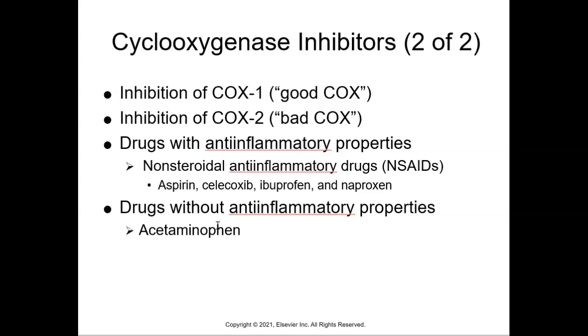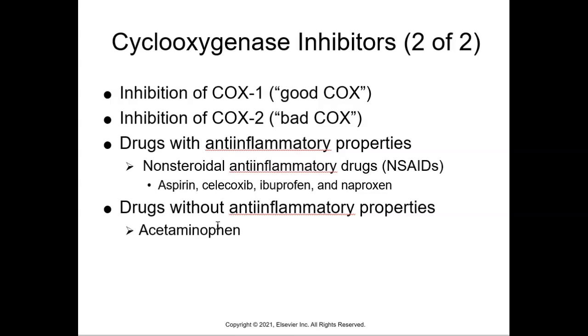But the other NSAIDs, such as ibuprofen or like Aleve, naproxen sodium, those ones don't have that beneficial part for the cardiovascular. And they could potentially have the same other kind of troubles, and they could actually cause an increase in stroke and heart attack. Okay. So we were very worried about this as a medical community.